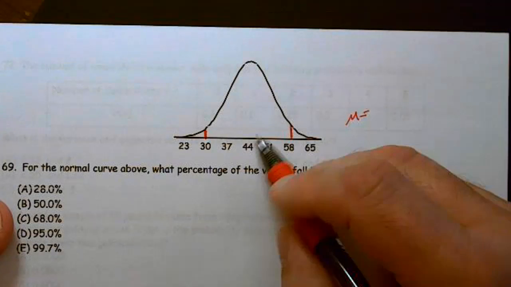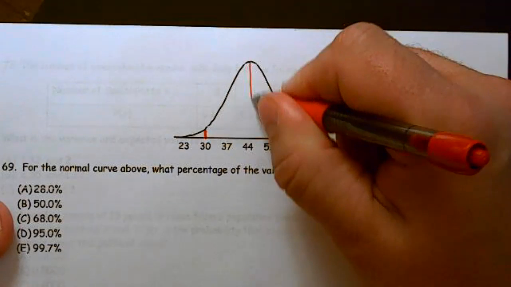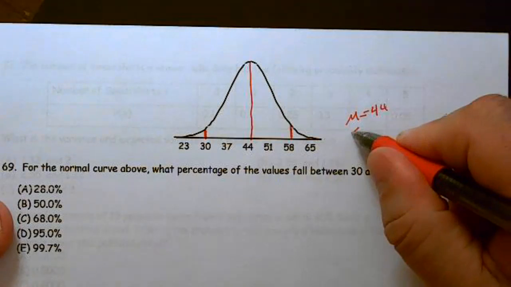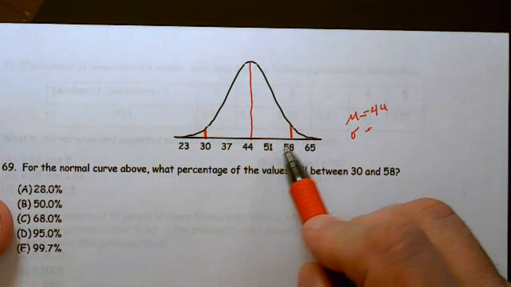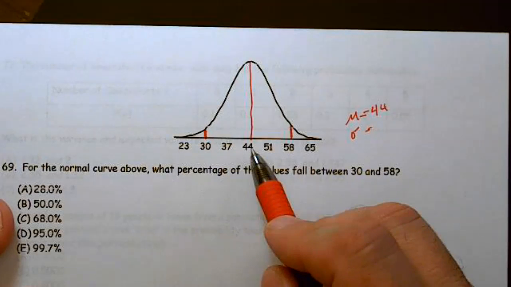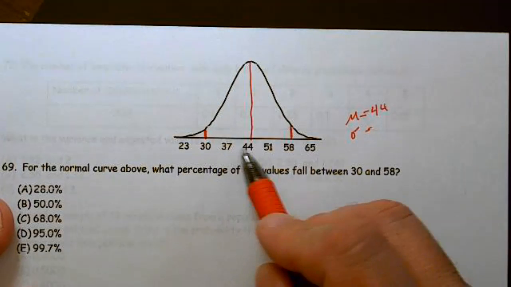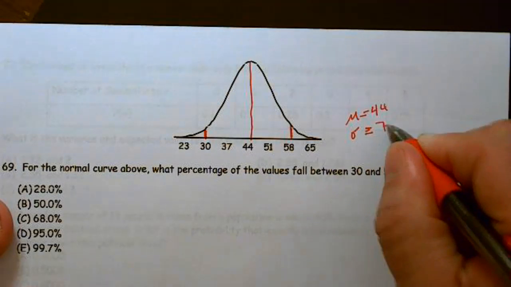So the mean equals, oh, well, that's pretty easy. The mean is right in the center at 44. We need the standard deviation. So we need 3 values above, which we have 1, 2, 3, 1, 2, 3 below. And so what is it, the difference in between? Well, the difference in between each one happens to be 7. So our standard deviation is 7.